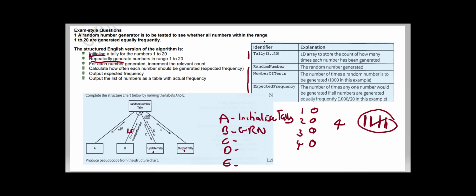Fine. What do we want to update? So this says update tally. So what we're going to be passing from here to this? Well, we want to update the tally, the count, the tally. So that's the variable we want to be passing through. Now, D can travel both ways.